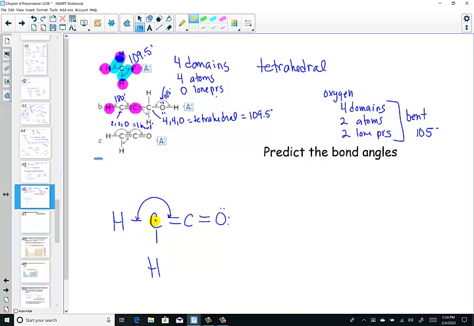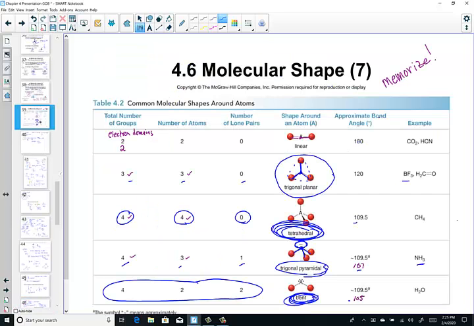This central atom carbon is attached to 1, 2, 3 domains. That's the step you cannot miss. 3 domains. Of those 3, all 3 lead to atoms, and 0 lead to lone pair electrons. So your VSEPR count is 330. Do you remember it by heart yet? Trigonal planar.